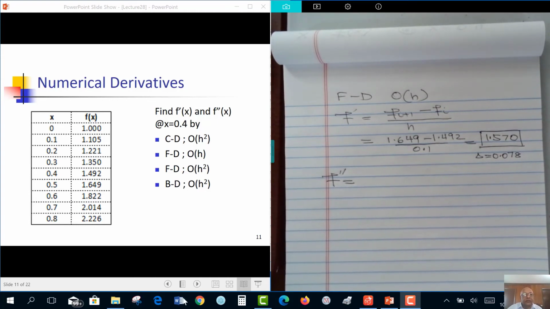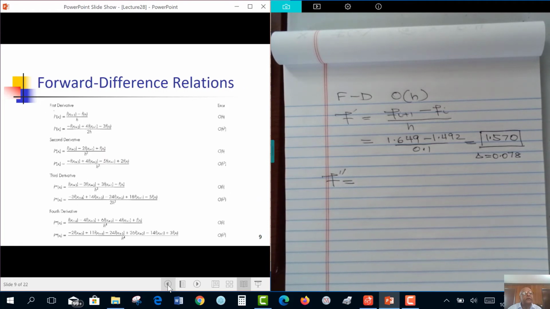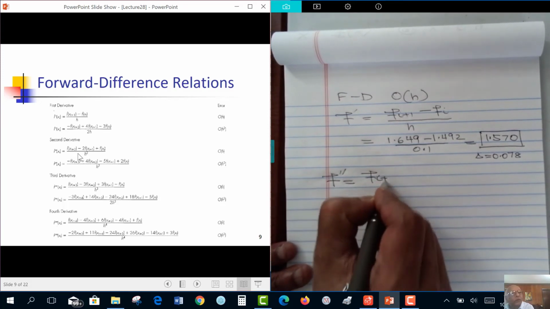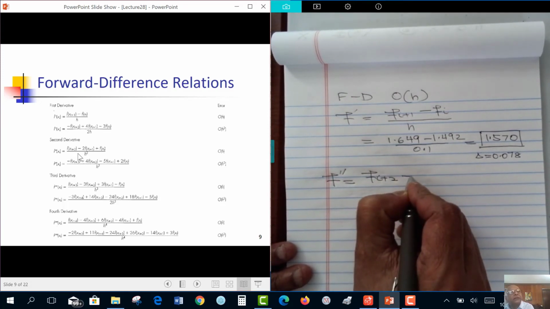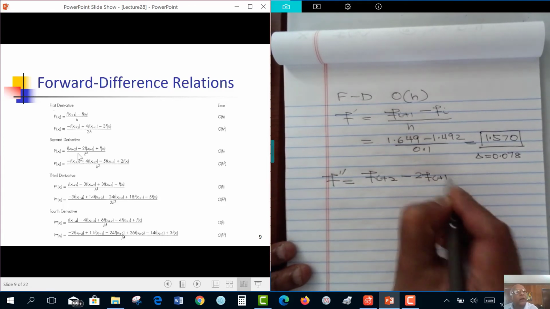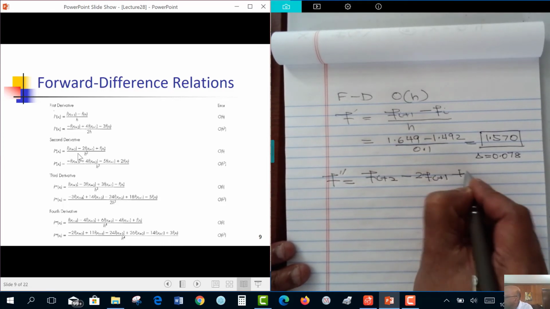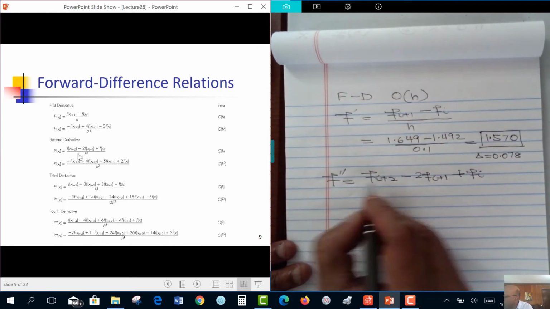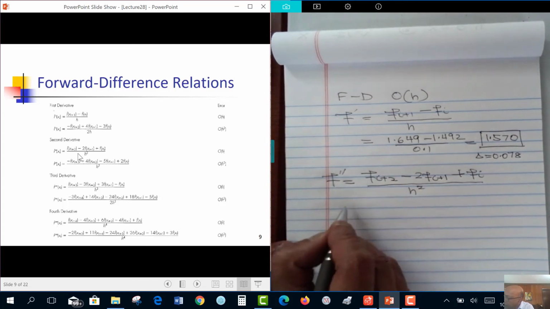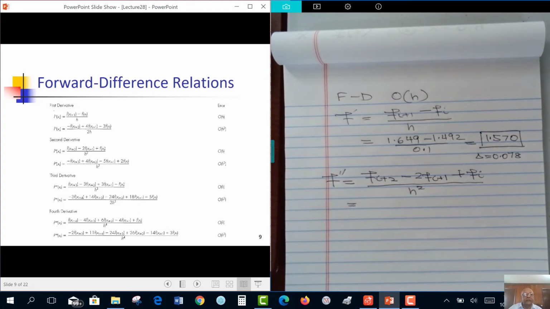Let's look at the second derivative. Let's go to the formula page so you know where I'm getting these formulas from. The second derivative, order h, is (fi plus 2 minus 2fi plus 1 plus fi) over h square. Okay, so let's go back.